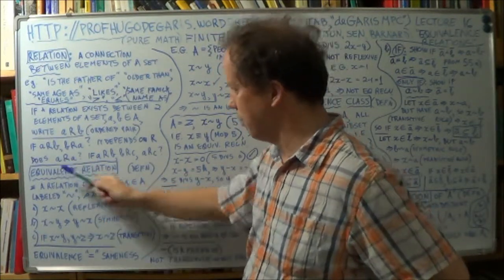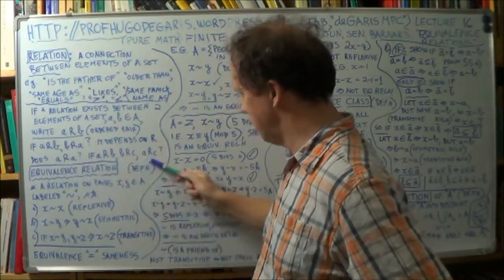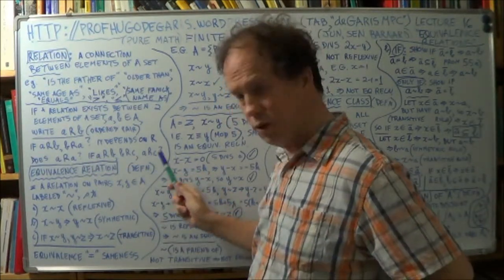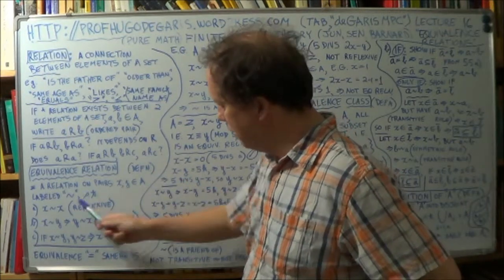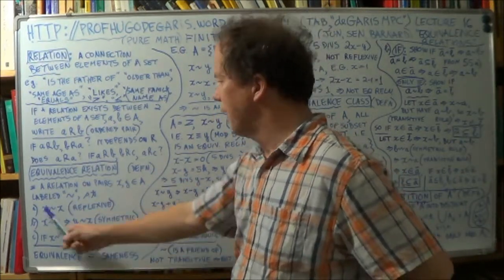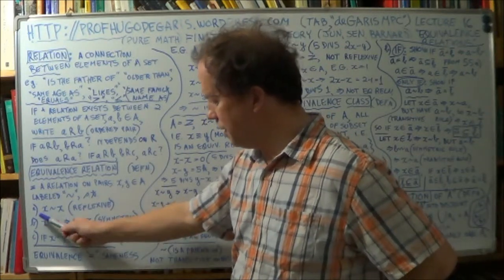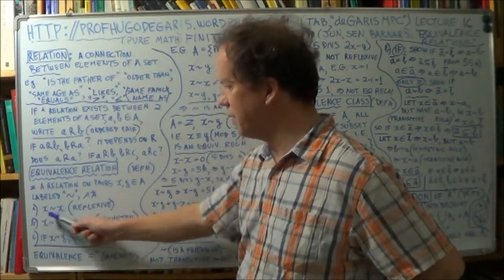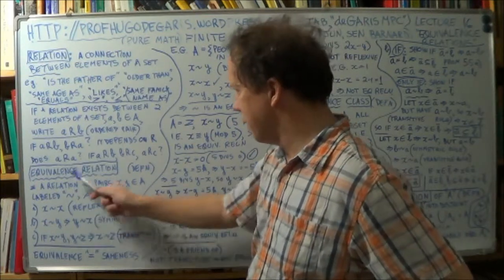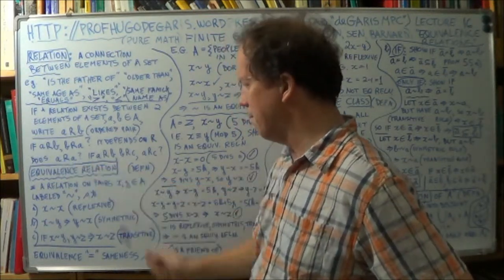You know, that this, and this is true for an equivalence relation. So instead of writing R, we write this tilde. Okay? So x tilde x. So a relation exists between itself, between x and x. Now that's this case here, right?